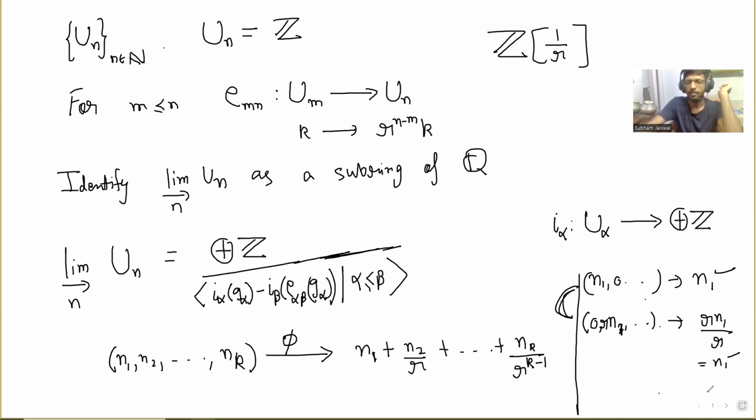So we have 5. This is actually enough, because if you check well-definedness on this level, then you have a map from the direct sum. No, wait, you must check it.